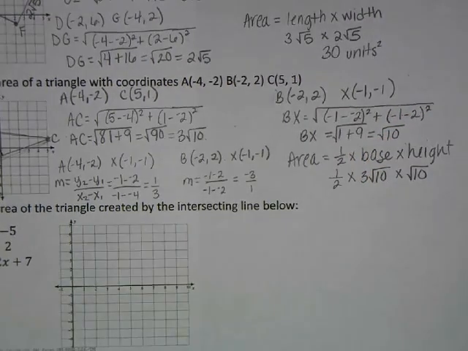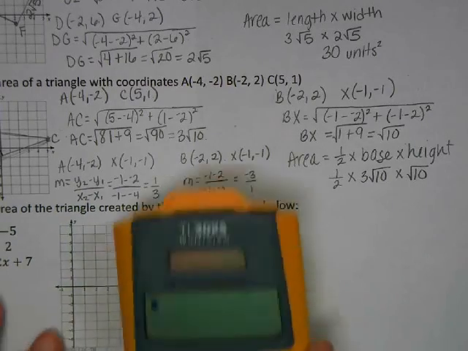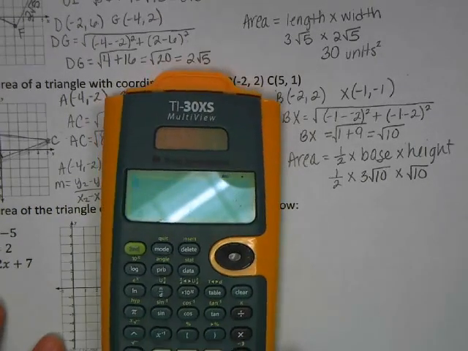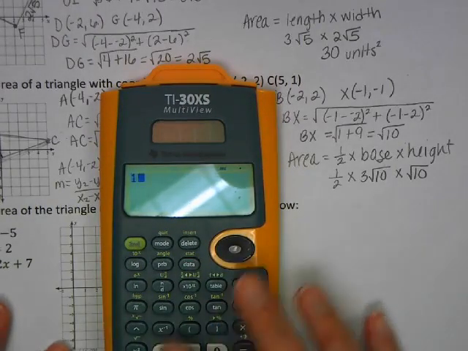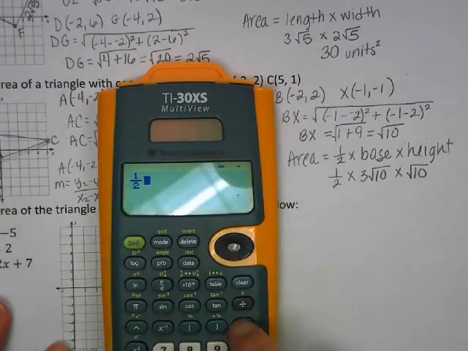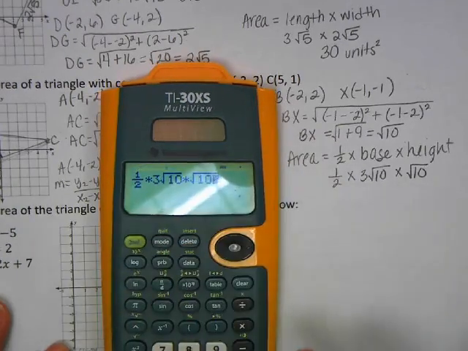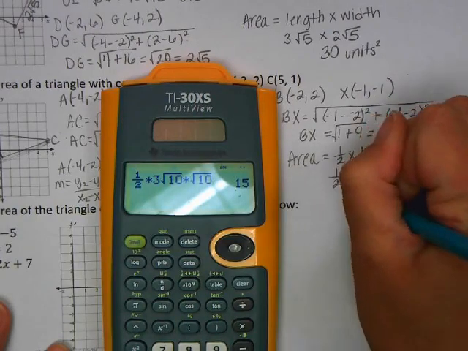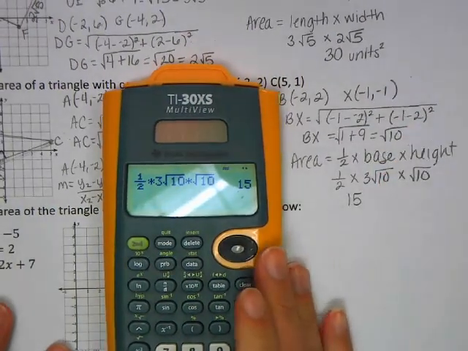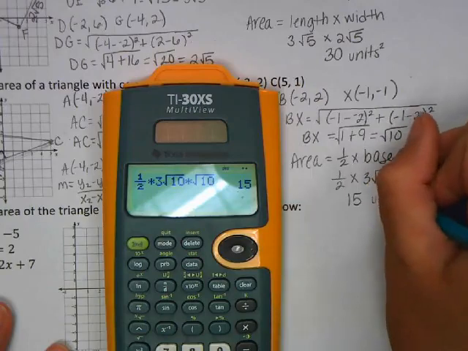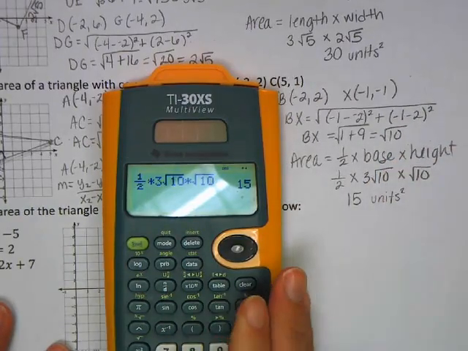So it's 1/2 times 3 root 10 times root 10. And again, if you are not comfortable doing radicals without a calculator, then use one. 1/2 times 3 root 10 times root 10 is just 15. So the area of this triangle is 15 square units.